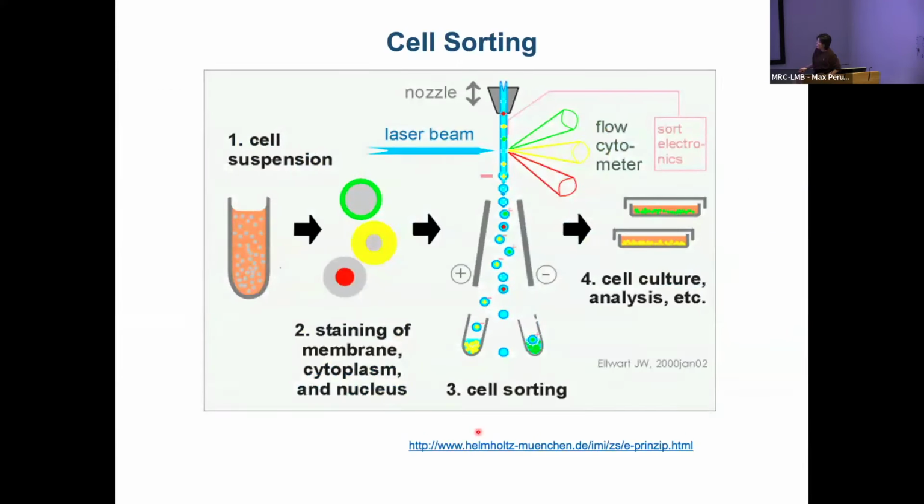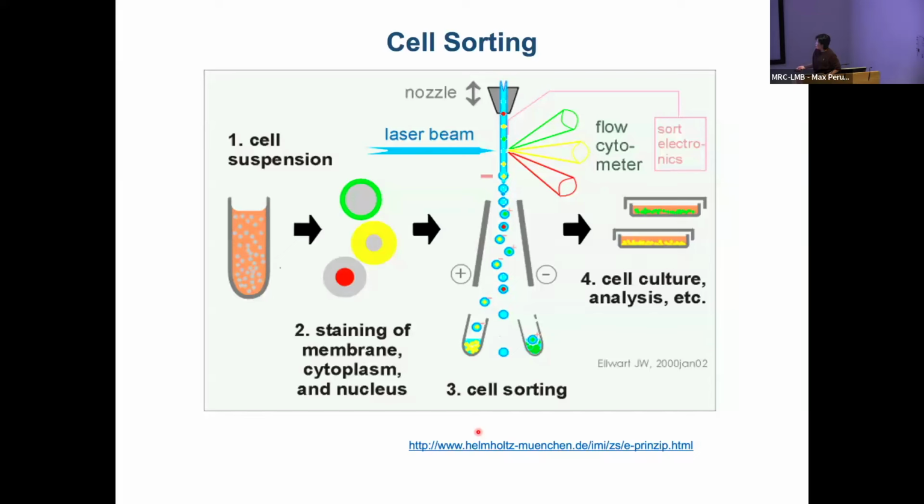So we can not only analyze the cells, we can also separate a cell population of interest from your sample. I'm not going to go into cell sorting a lot. On Thursday, the head of the facility, Pierre-Andre, will give you another talk focusing on cell sorting. If you're interested, please attend Thursday's lecture.